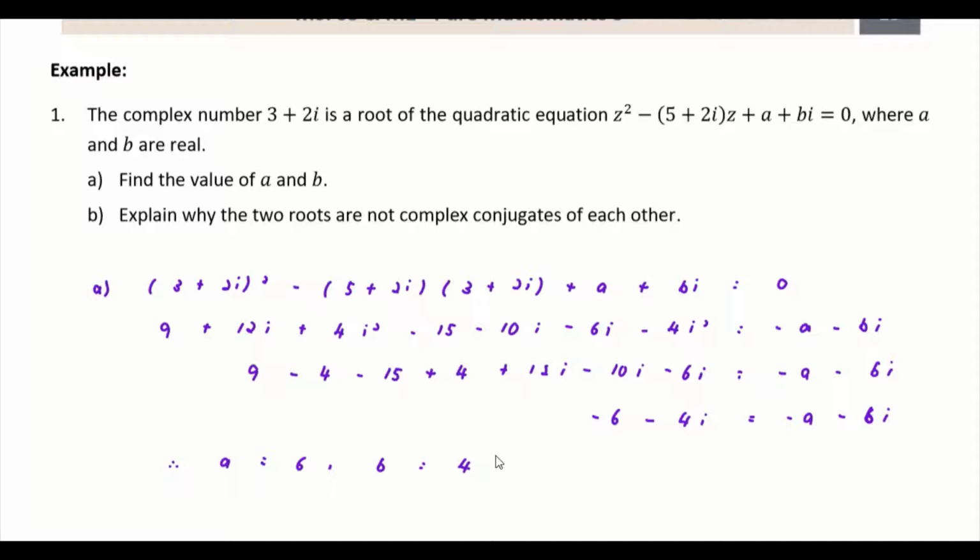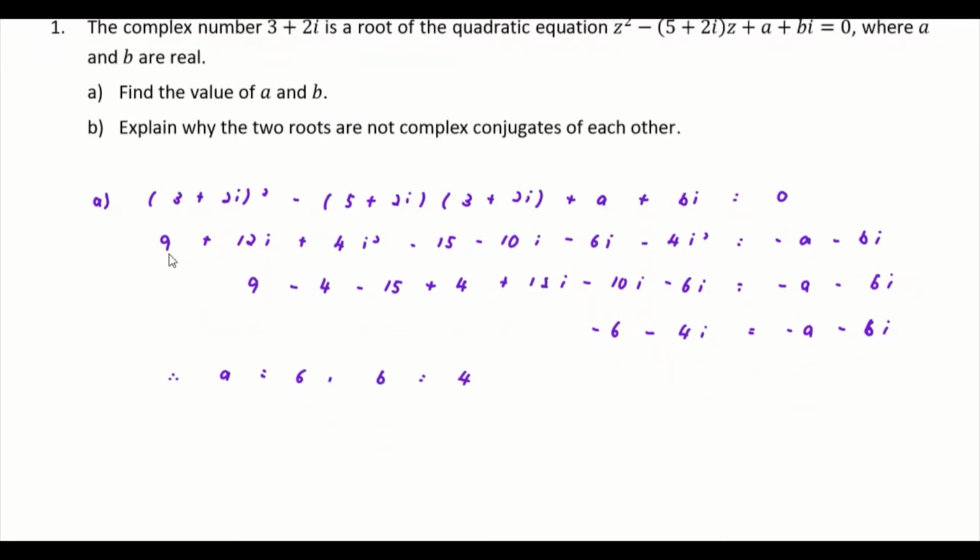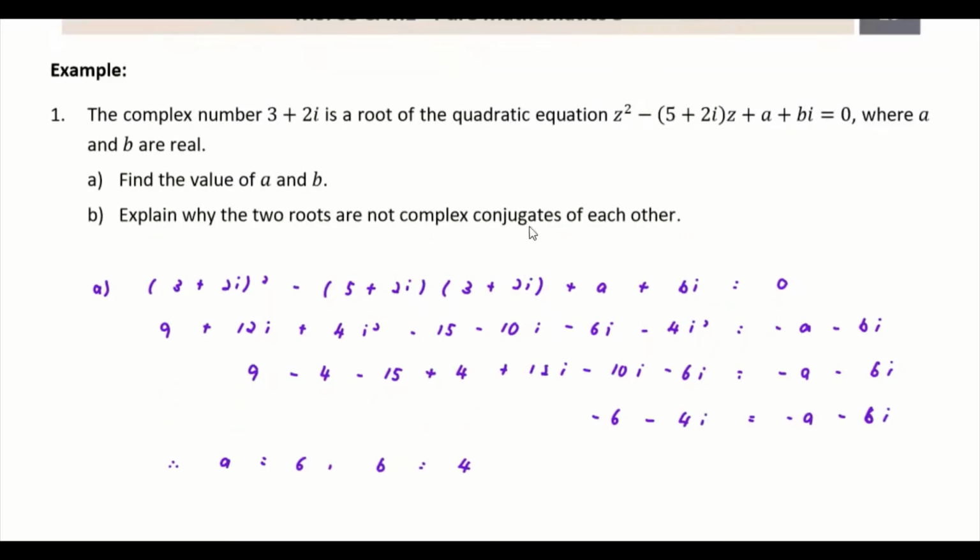So what you can realize here is that now you have 3 plus 2i, right? Question (b) is asking why the two roots are not complex conjugates of each other. So by doing this, why can't we say that this is one of the roots, meaning that the other root is 3 minus 2i? So why are the roots not a complex conjugate pair?